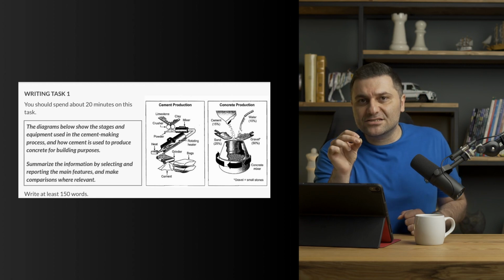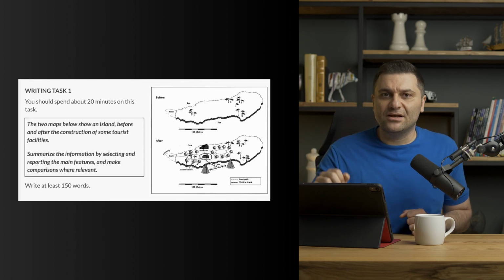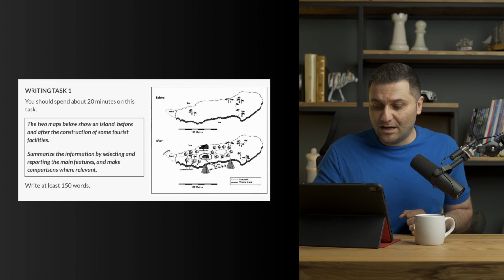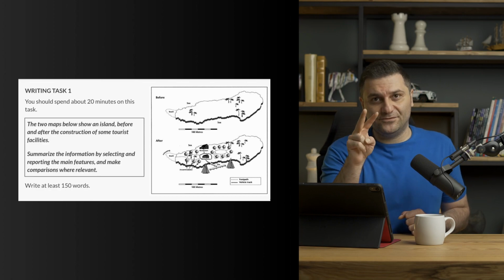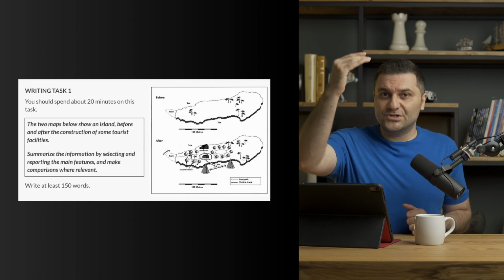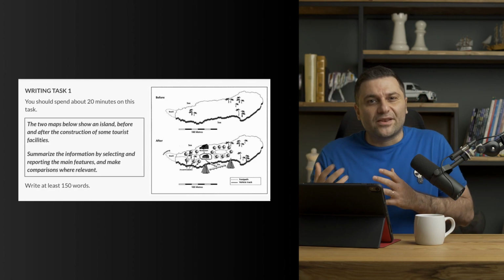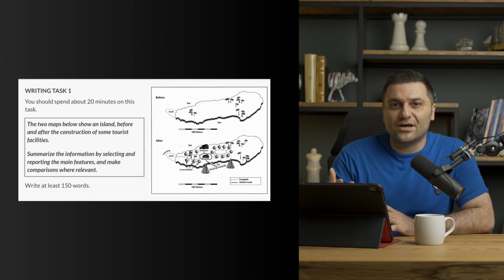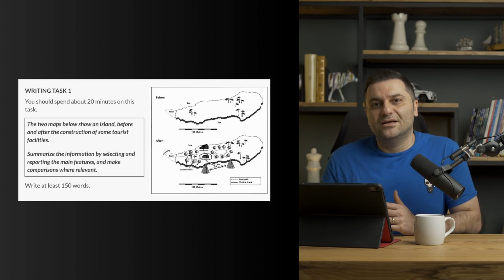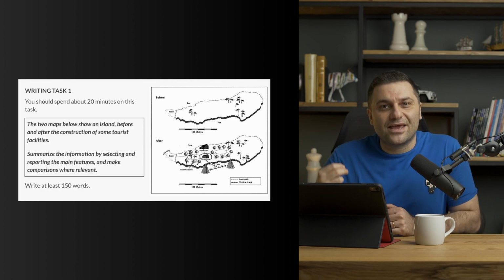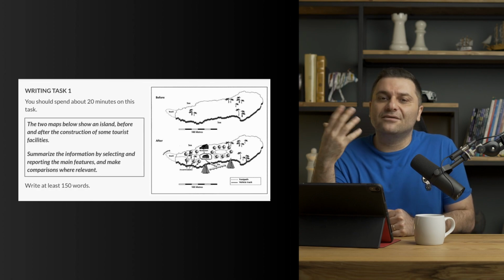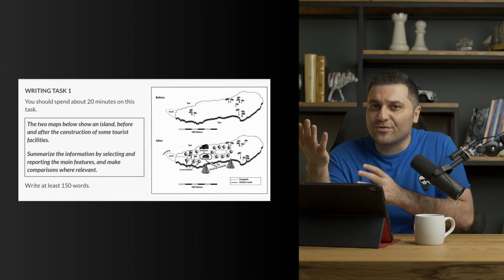And our last type of question is maps. You will be given a map, and usually we have two maps. The first is, for example, maybe the map of a city in 1990. And the second map is, again, the same city after maybe 20 years or 30 years.